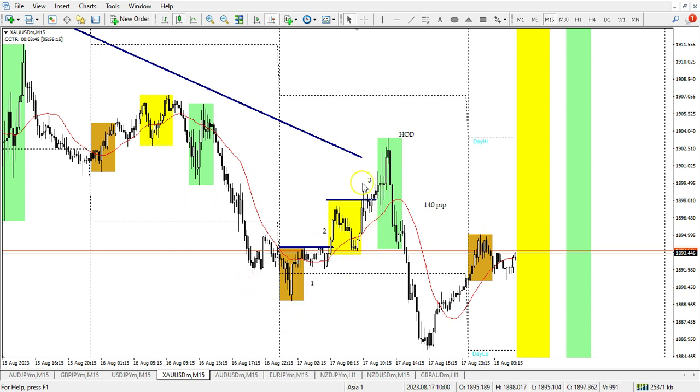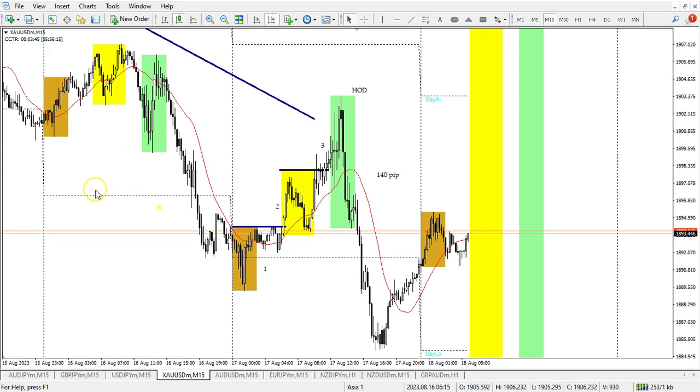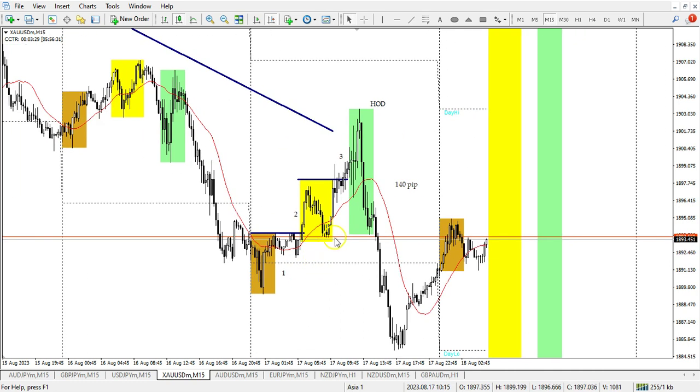It's always 3 pushes. Look at the previous day, look at the current day, look at the bigger picture. It's not about what you're trading on the current day. It's about what they painted over days, over sessions, over 3 hours, okay? That's what they paint. Just take that into consideration.